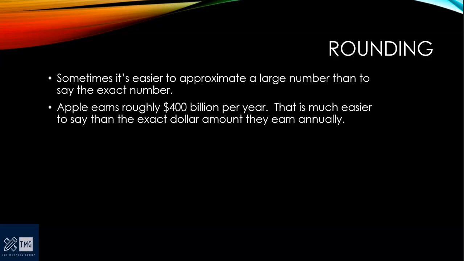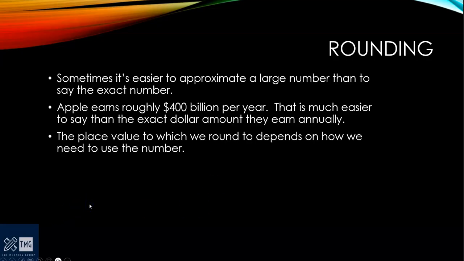We could say Apple earns roughly $400 billion a year. That's an estimate using rounding, and that's so much easier than saying the exact 397 billion, 436 million, and it goes on and on and on. We can round to make it easier.